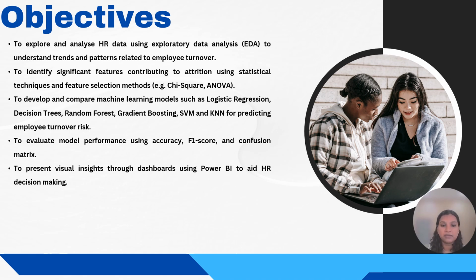Thirdly, to develop and compare machine learning models such as logistic regression, decision tree, random forest, gradient boosting, KNN, and SVM for predicting employee turnover risk. To evaluate model performance using accuracy, F1 score, and also confusion matrix. And finally, to present visual insights through dashboards using Power BI to aid HR decision making.